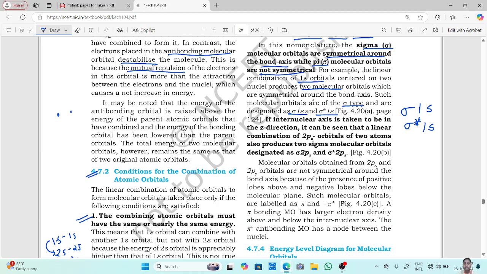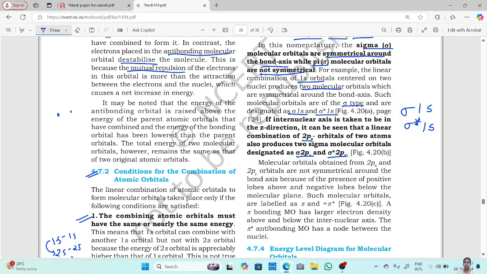Now if internuclear axis is taken to be in the z direction, it can be seen that a linear combination of 2pz orbitals of two atoms also produces two sigma molecular orbitals designated as sigma 2pz and sigma star 2pz. Now as I told you, in LCAO, we consider the z axis to be the molecular axis.